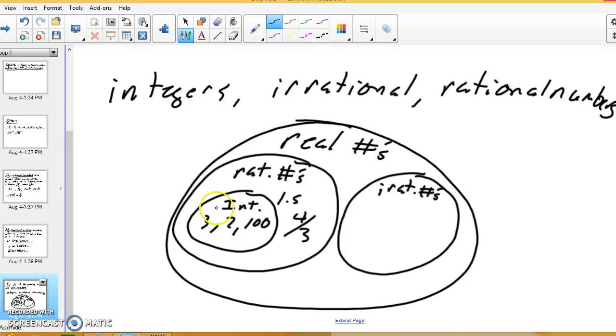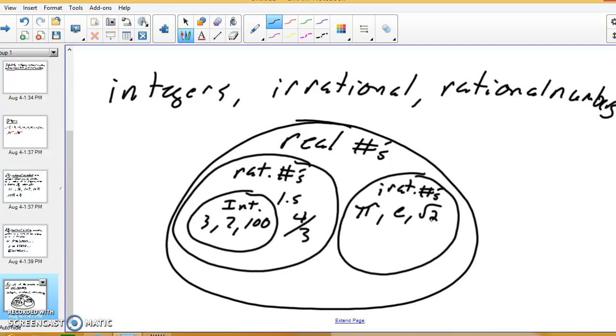These are all integers because they're whole numbers, but they're also inside the rational numbers because they can be written as a fraction of that whole number over itself. But then completely separate from the rational numbers are the irrational numbers, which include pi, e, the square root of 2, and so on and so forth.